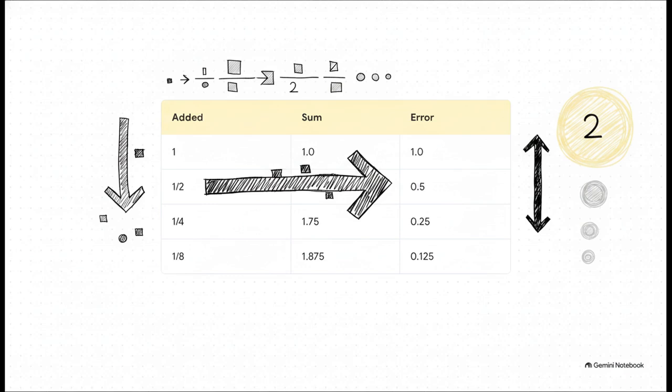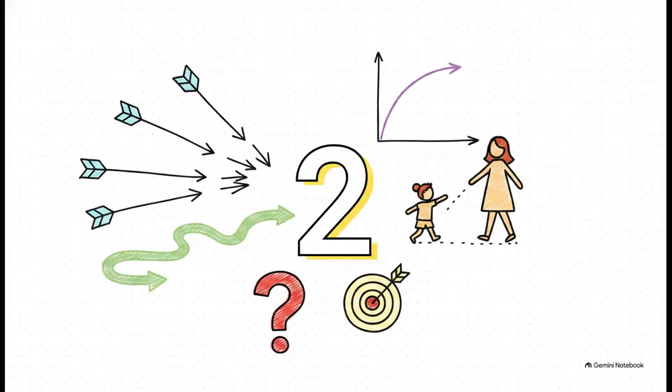It goes from 1 down to 0.5, down to 0.25. We're adding tinier and tinier fractions, and the total is continuously inching forward. Everything we just stepped through was creeping toward one ultimate destination, and that is the number 2. In mathematics, we say that this sequence approaches 2, making 2 the limit.